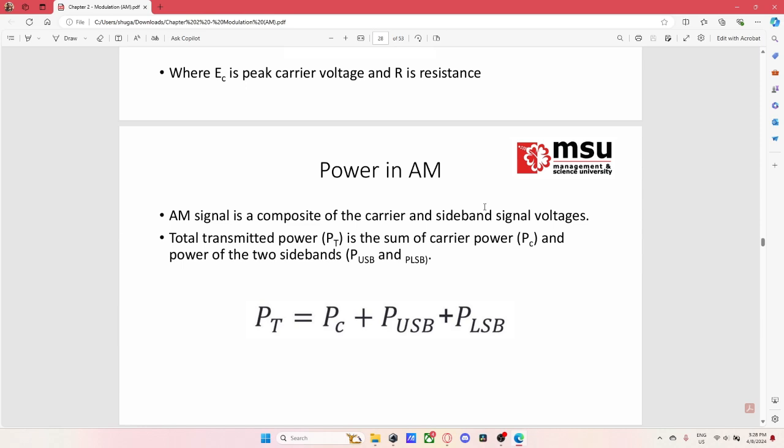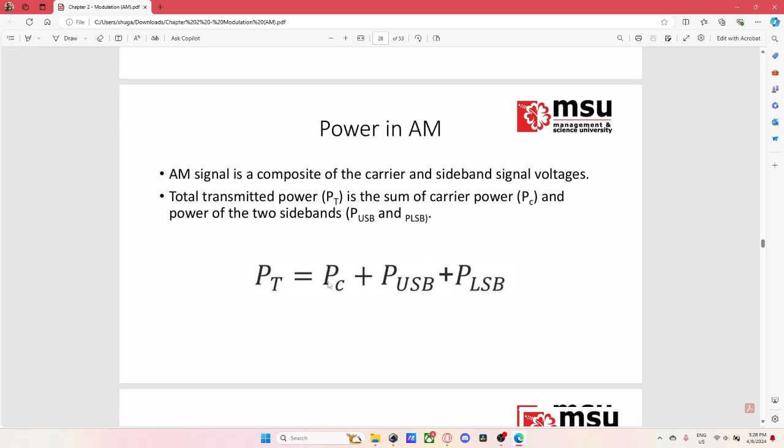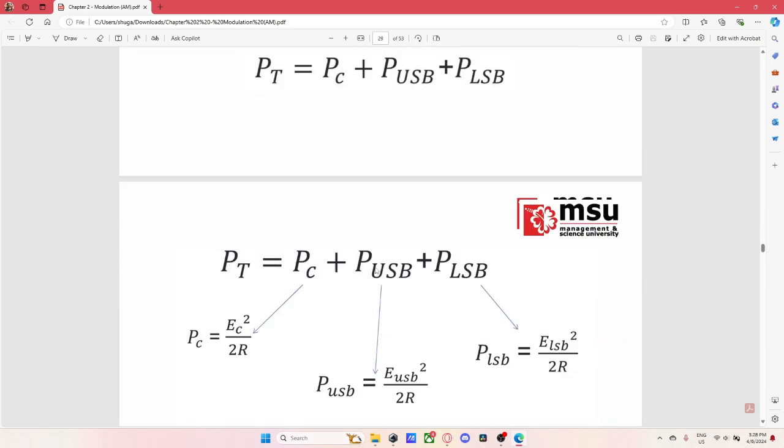Here is the power in AM. The AM signal is a composite of the carrier and sideband signal voltage, and total transmitted power PT is the sum of the carrier power PC and the power of the two sidebands, P upper sideband and P lower sideband. It is simple to find the total power because it is the sum of the power in carrier, the power in upper sideband, and the power in lower sideband.